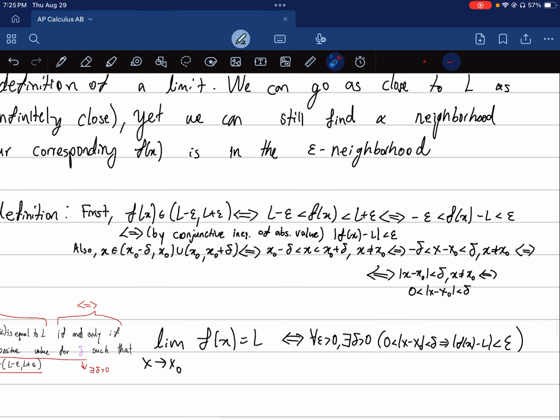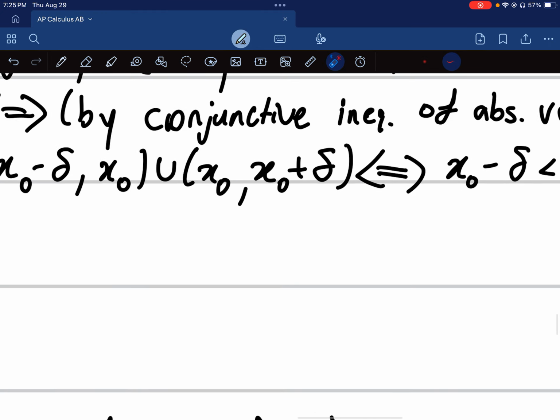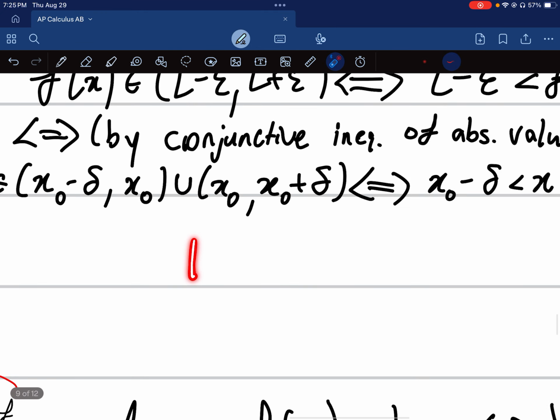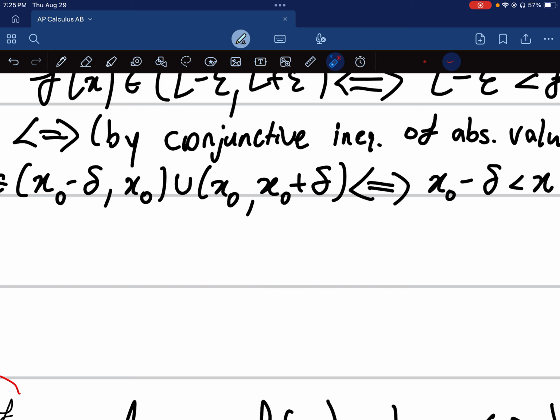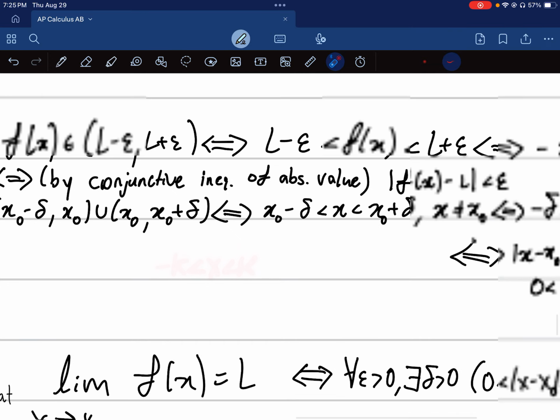And by the conjunctive inequality of the absolute value, if you don't recall, the conjunctive inequality says that if the absolute value of x is less than k, then if and only if minus k is less than x is less than k.